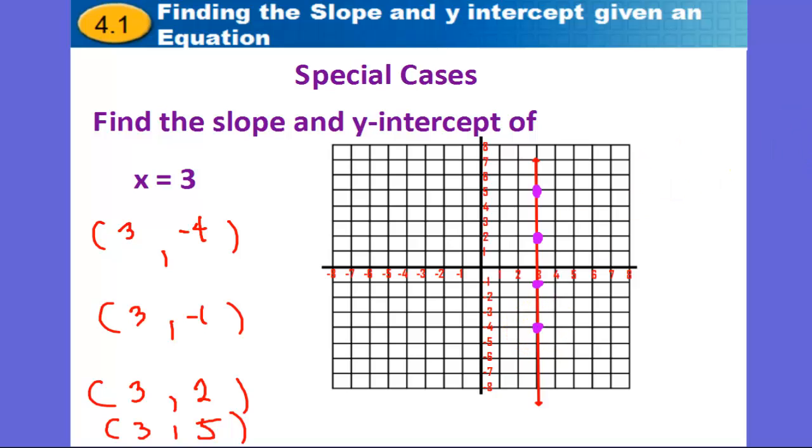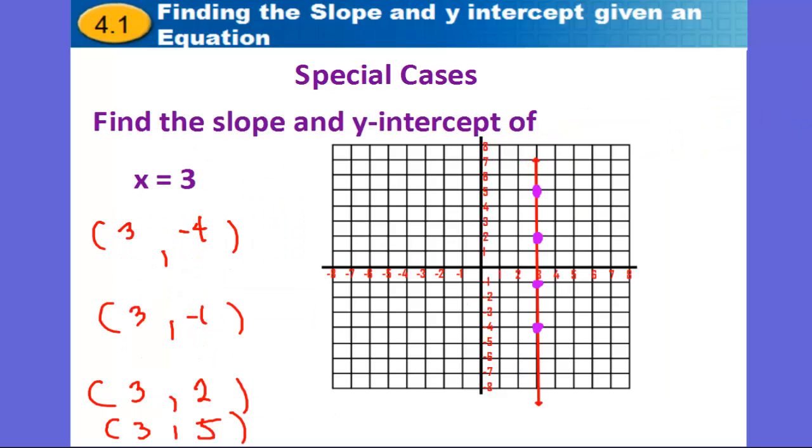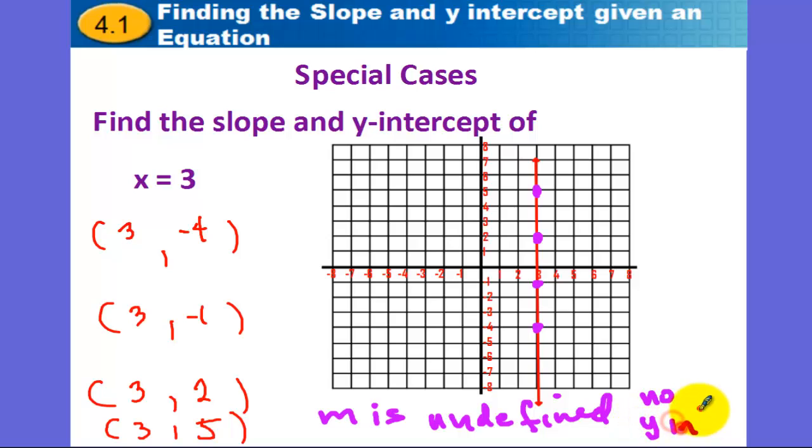So if we have a vertical line, it means that our slope is undefined. So our slope here is undefined. And what is our y-intercept? Since our line did not cross the y-axis, we don't have any y-intercept. So no y-intercept.